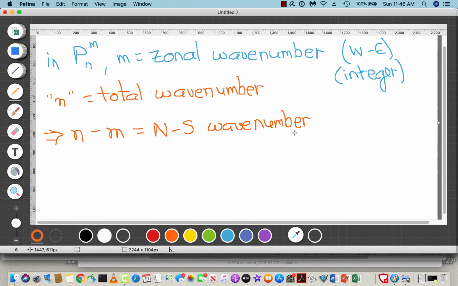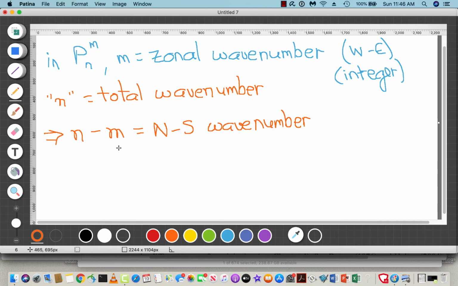So once we've decided to work on the sphere and use spherical harmonics for our expansion for things like u, v, w, pressure, temperature, humidity, ozone, methane, you name it, in a full general circulation model or a climate model, we have to know what the parameters m and n mean.